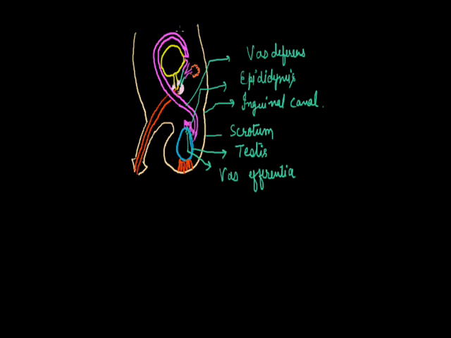Later on, the vas deferens gets connected with the seminal vesicle, which acts as the temporary storage for sperm. Now from the seminal vesicle, a specific duct arises that is connected with the urethra. The duct is going to open into the urethra, and through the penis it is coming out.